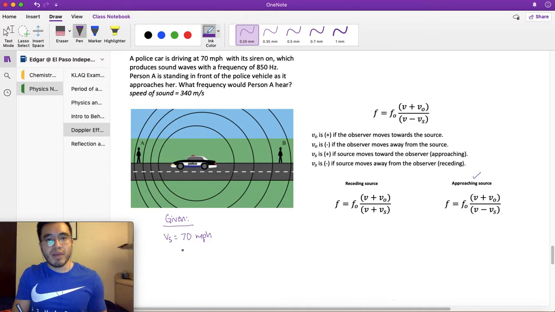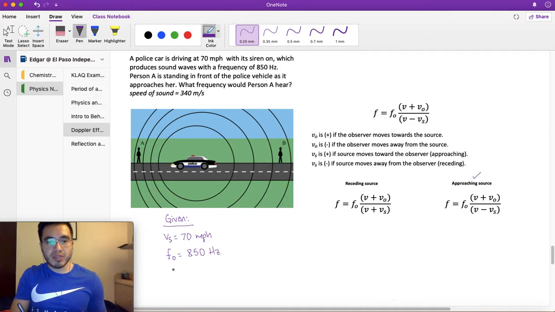And then we have the original frequency, 850, as you can see. So write F naught, 850 hertz.